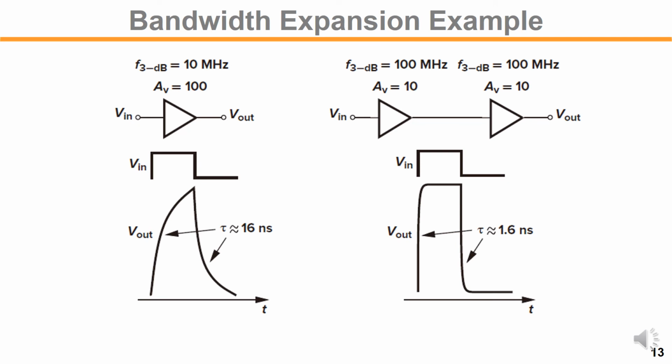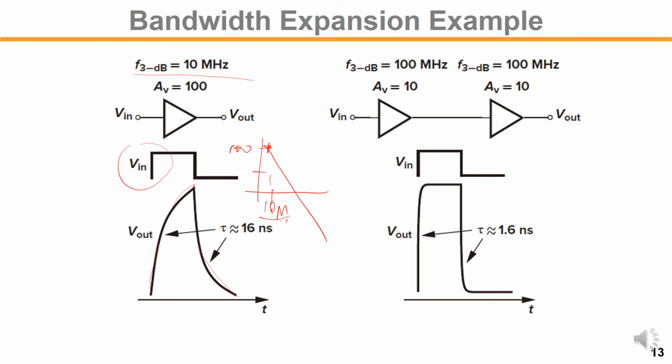Now the question is, what would happen if we increase the bandwidth by the feedback, but our DC gain, the passband gain, has been reduced? On the left hand side, let's say the gain is originally 100 and the bandwidth is 10 megahertz. For an input square waveform passing through this one-stage amplifier, your output response will be very distorted and very slow, because your signal bandwidth is limited to 10 megahertz.